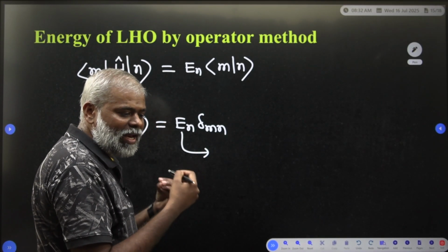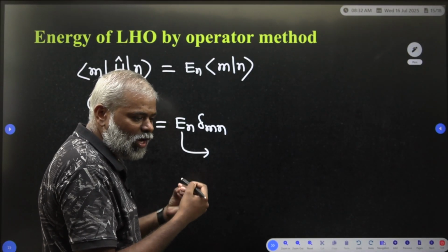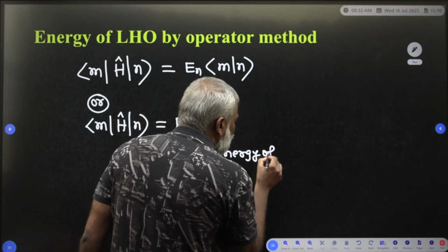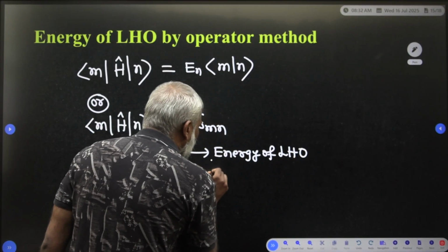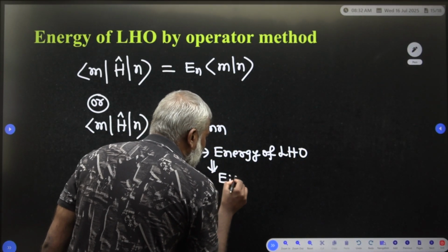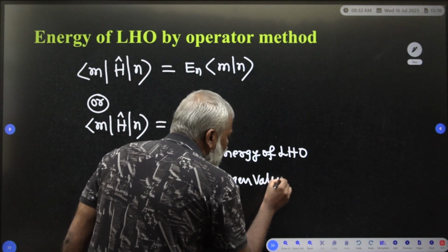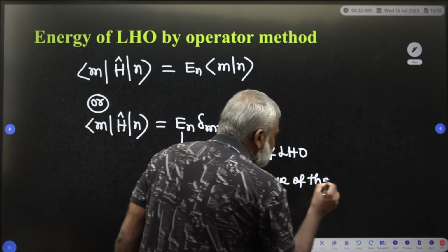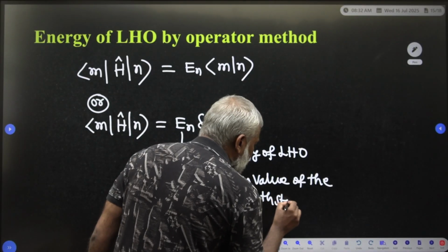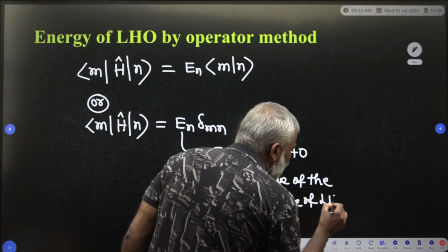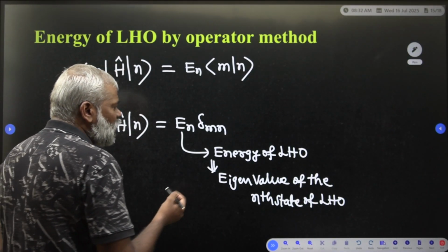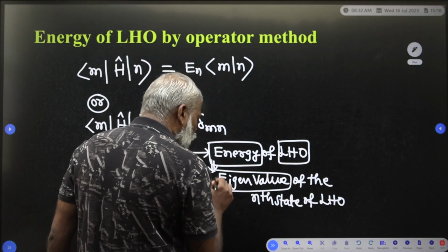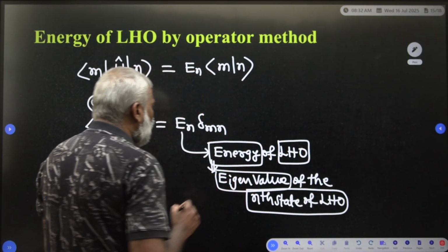This En is the energy value of a linear harmonic oscillator. This En is the energy of the linear harmonic oscillator, or this energy value we also call the eigenvalue of the nth state of the linear harmonic oscillator.